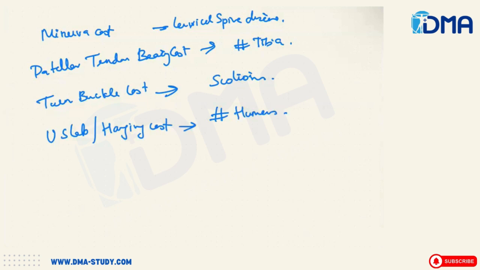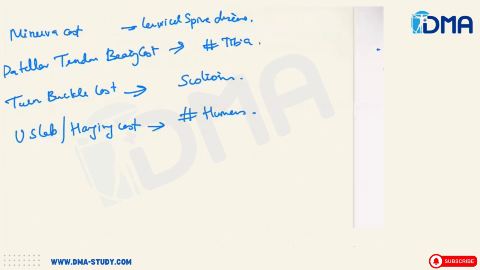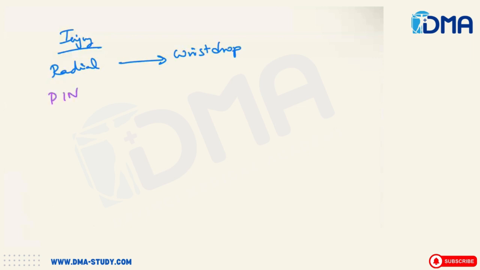Then coming to the nerve injuries, to complete them, we already discussed in anatomy the ulnar nerve and median nerve, how to check and all those things. Just as a repetition, if there is an injury of the radial nerve, the patient will present with wrist drop. If there is an injury of the posterior interosseous nerve, the person will present with finger drop.